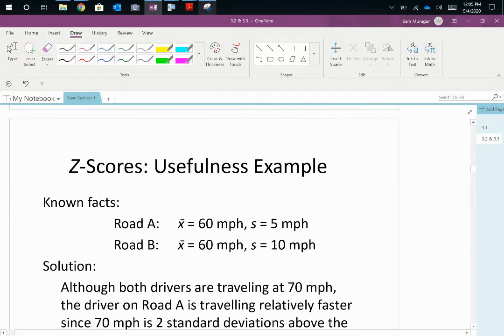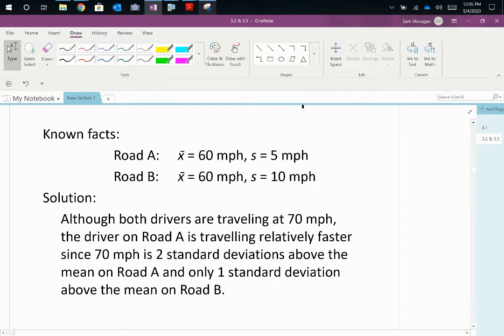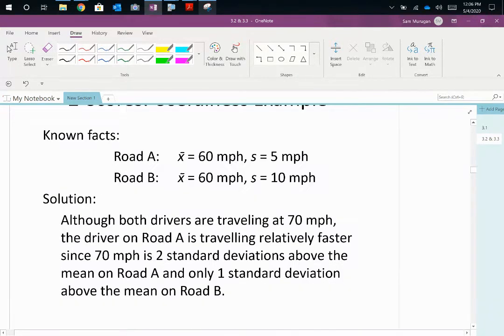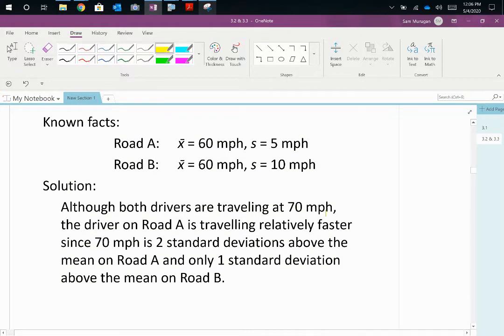Now, let's look at how to compute the z-score. Known facts: this is data about 2 drivers traveling at 70 miles an hour. Driving on road A is relatively faster. Here, road A has a mean of 60 miles an hour and road B has a mean of 60 miles per hour, but the standard deviation is 5 in the first case and 10 in the second.